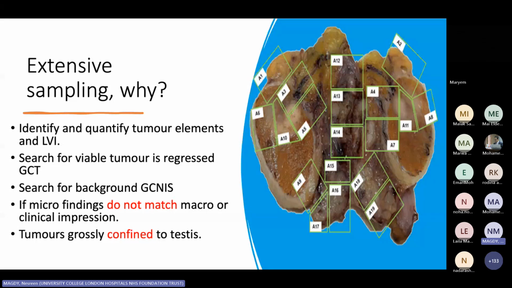And in tumors which are confined to the testis, it's important to extensively sample the tumor, because the tumor may be upstaged depending solely on the microscopic findings, like the presence of lymphovascular invasion or microscopic invasion of the hilar soft tissue or the tunica.